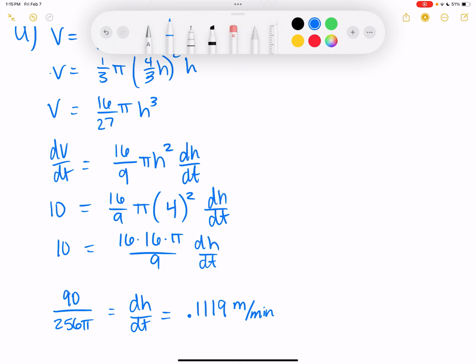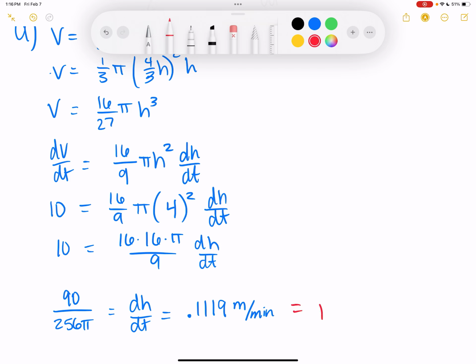Now, the problem said to give our answers in centimeters per minute. What do I need to do? So what's the answer? Hold on, give me a moment. 11 centimeters.